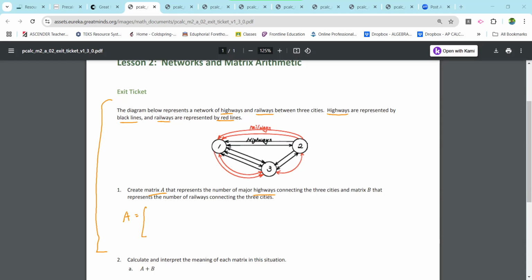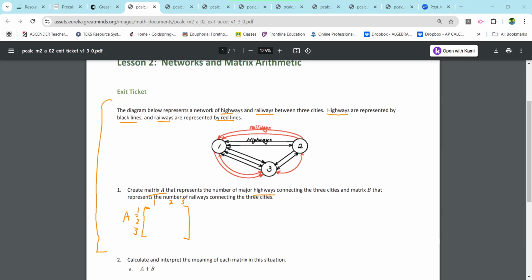If you recall how we build these, we start at city 1, 2, 3 here, and then we finish in the columns of the cities 1, 2, 3. Those are not part of the answer, but it definitely helps you organize your answer.